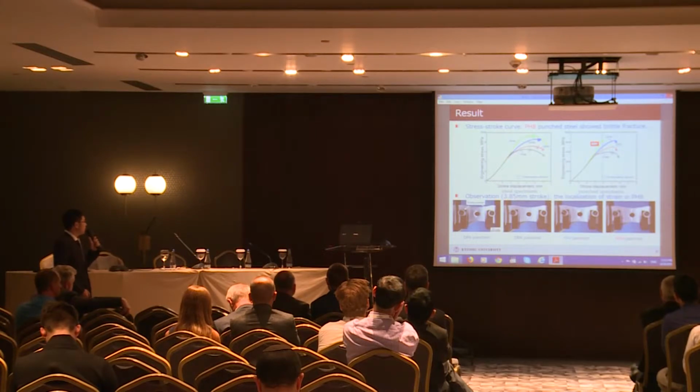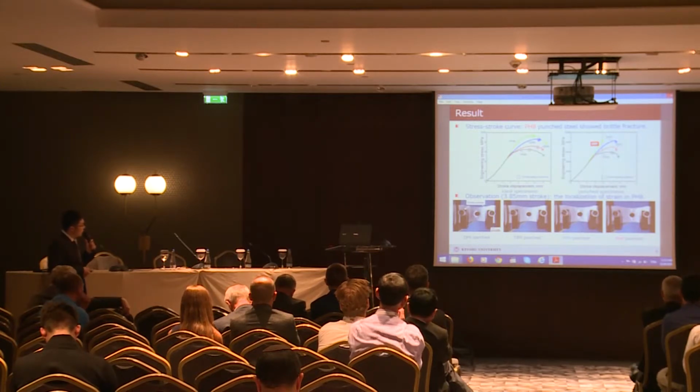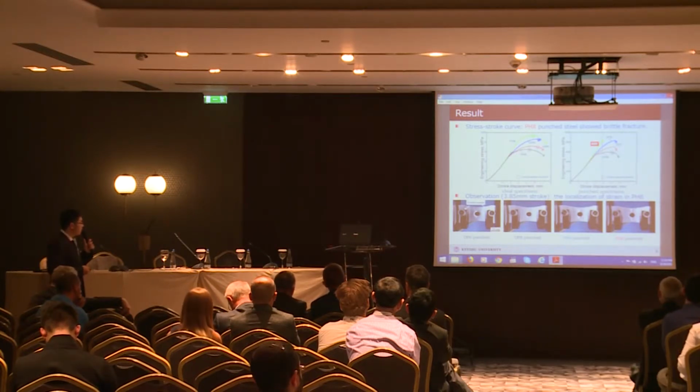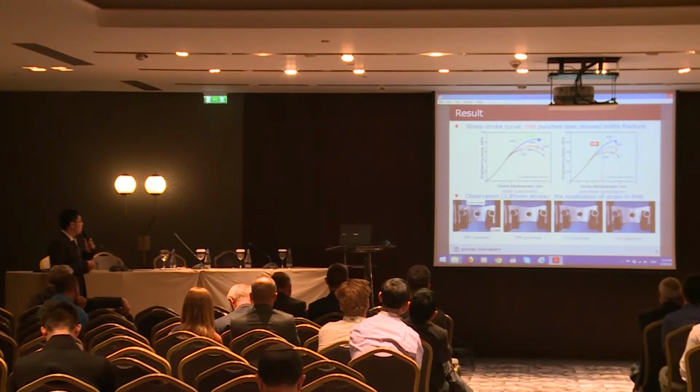Here's the result. First, the engineering stress and stroke curve of ideal and punched specimens. The most notable thing of this curve is that the PH8 punched material shows brittle fracture. We also took a photo during loading of the punched material at the 3.85 millimeter stroke, this line.